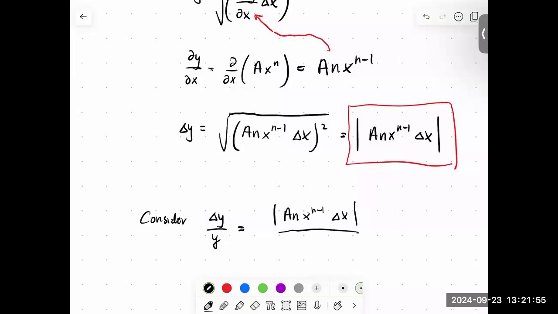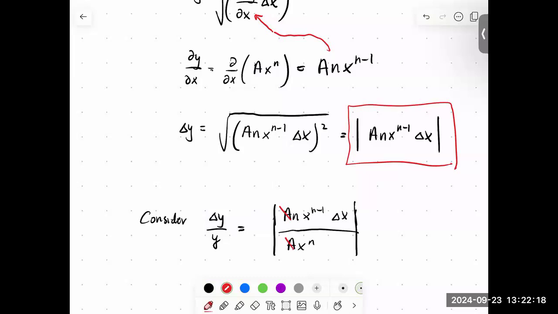And then y is a x to the n. And I'll just put this all in absolute value signs, just because we're going to want a positive value for this fractional error. And then what do we get? Well, the a's are going to cancel.